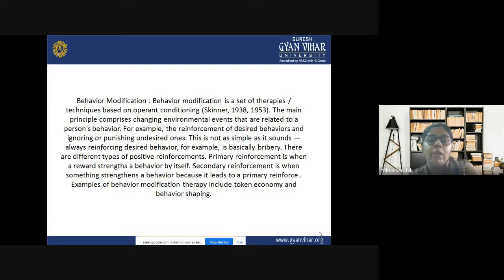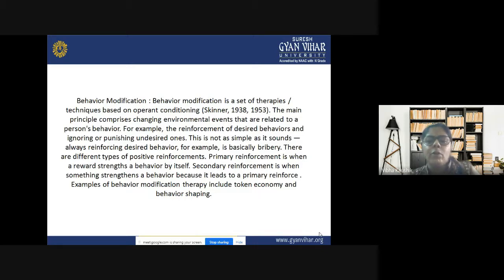For example, the reinforcement of desired behavior means we are reinforcing the behavior that we desire and ignoring or punishing undesired behavior, the behavior that is not desired anymore. This is not as simple as it sounds.